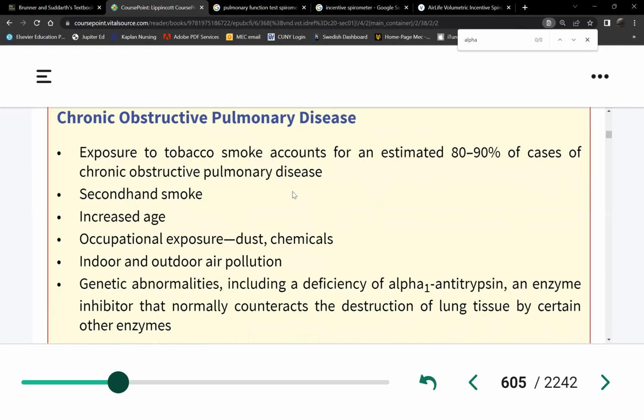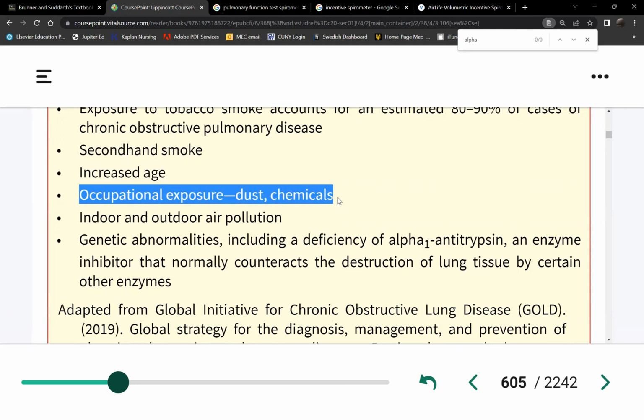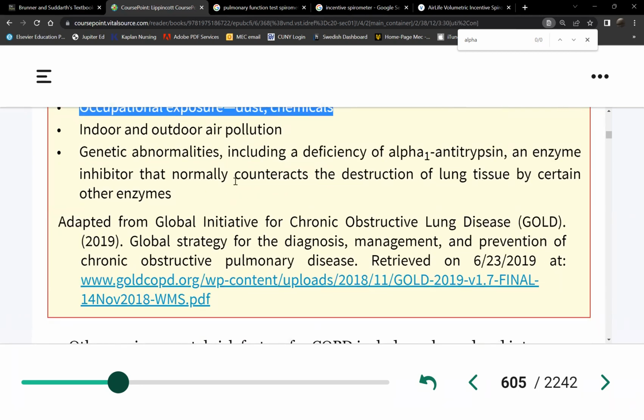So not just smoking, besides smoking, it'll be age, occupational exposure. Let's say you work in an asbestos factory or drywall factory, for instance, wherein you're exposed to so many pollutants, tiny particulate matter.